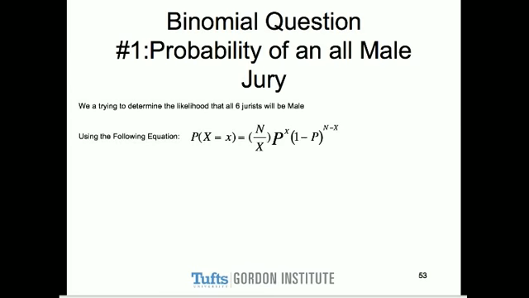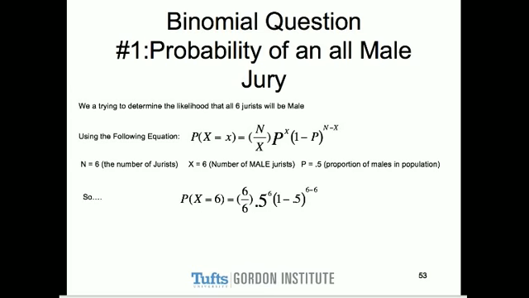So we use the following equation, right here, and this was shown a couple slides ago. So we know that n equals 6, that's the number of jurors. X equals the number of male jurors, and we have the probability P, which is 0.5. And this is just for this example, so the proportion of males in the population.